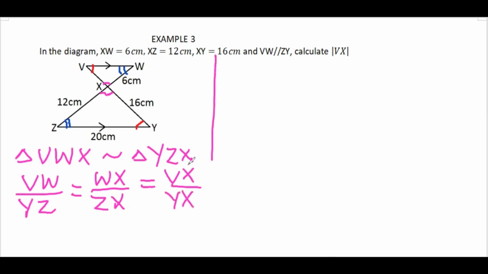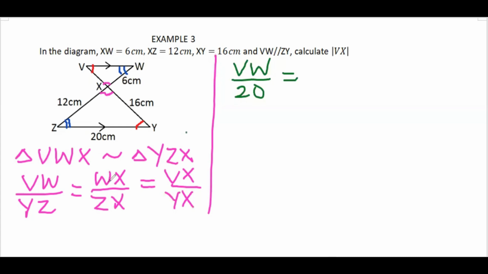So I will move on to the diagram and substitute the values. What is VW in the diagram? Not given. Ratio YZ. What is YZ? YZ is 20. Equals to VX.